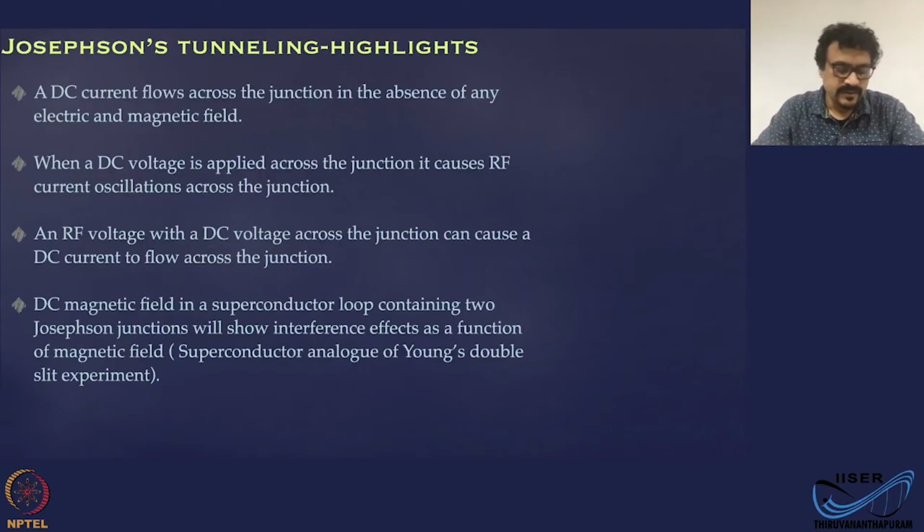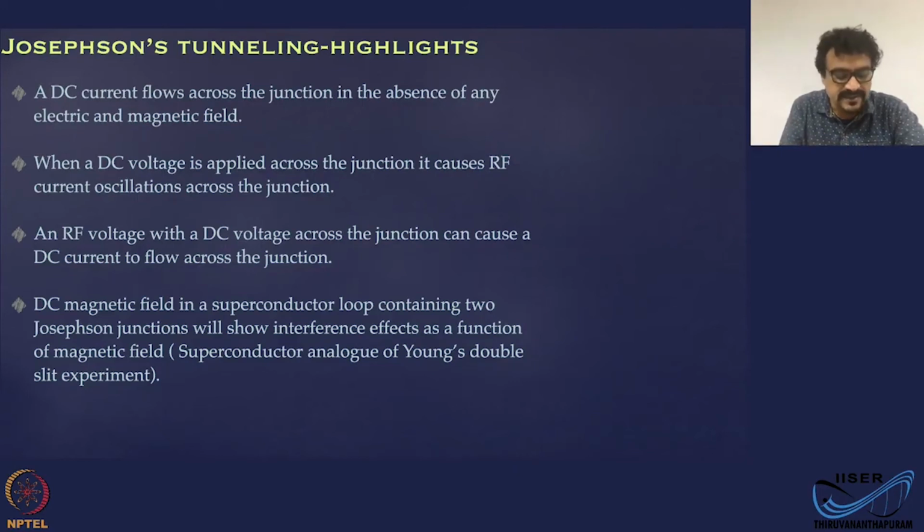Okay. So here there is a summary or highlight of the Josephson tunneling phenomena. The first one is a DC current flows across the junction in the absence of any electric or magnetic field. That's what we just saw, because you have a non-zero current at zero bias applied between an SIS junction.